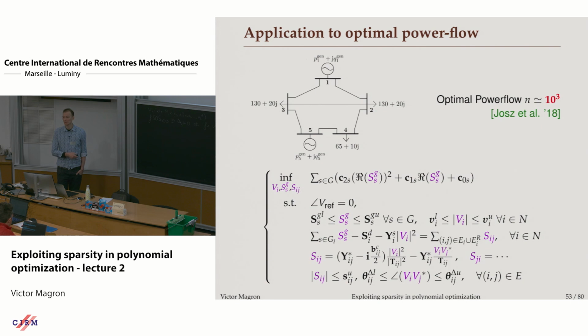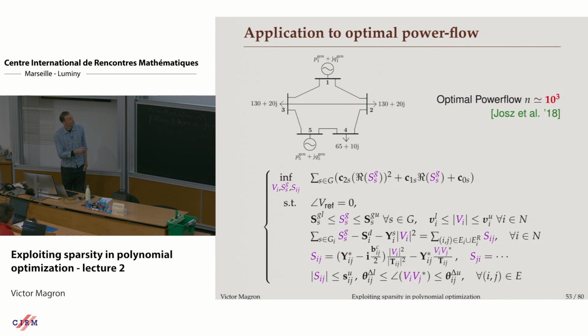So actually every time you have one, you have two when you go to the real case. And then you have some nice constraints here: every voltage should be bounded in order to avoid the system to explode. And you also have some bounds on some angles of products of voltages.